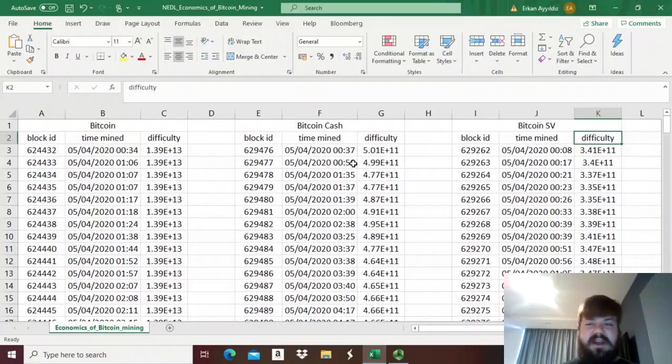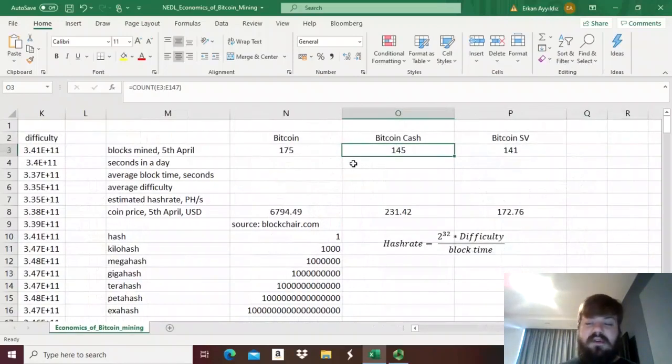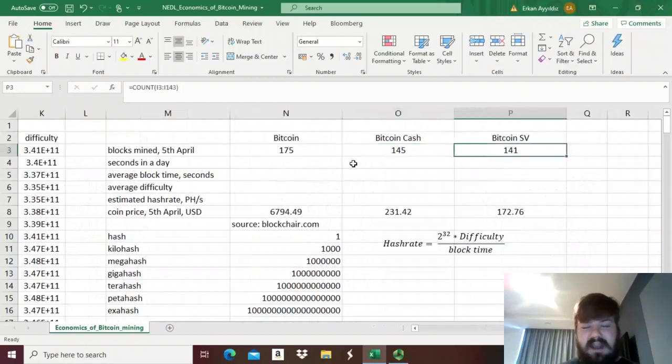The difficulty of Bitcoin Cash and Bitcoin SV adjusts every single block, while for Bitcoin, it adjusts only periodically, which means that the difficulty of Bitcoin Cash and Bitcoin SV would be more volatile on the one hand, but on the other hand, they would be more successful in maintaining a roughly fixed number of blocks mined every single day.